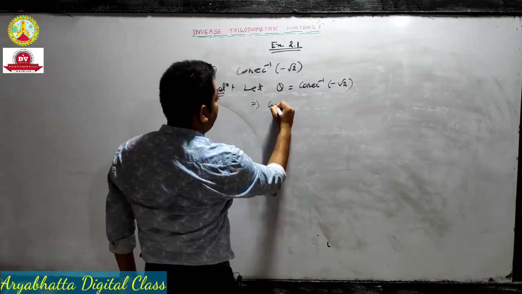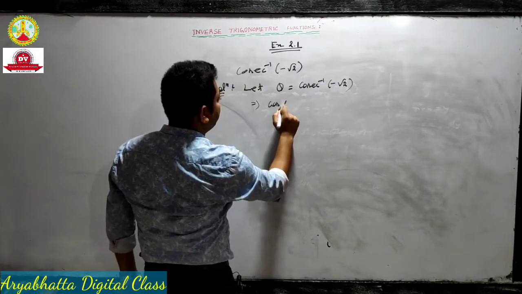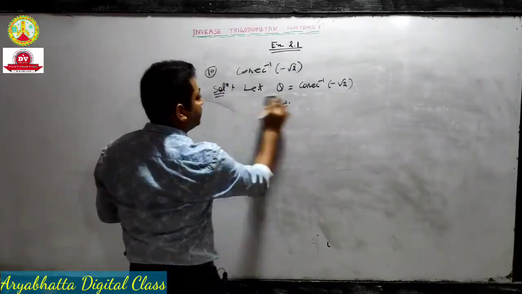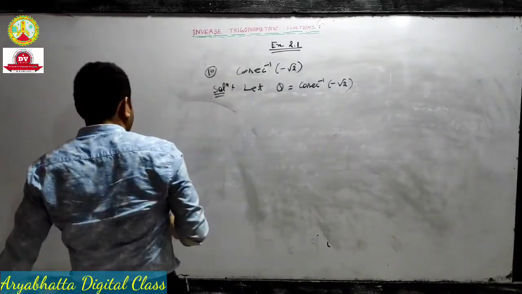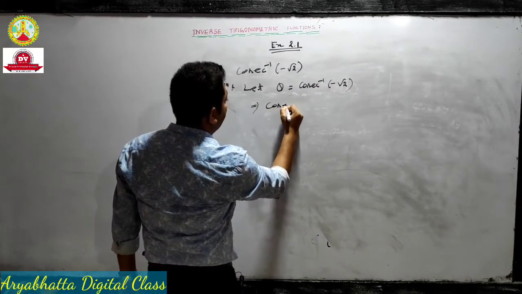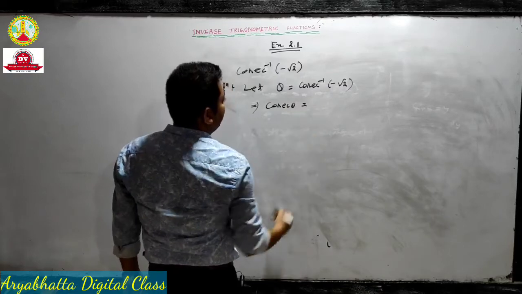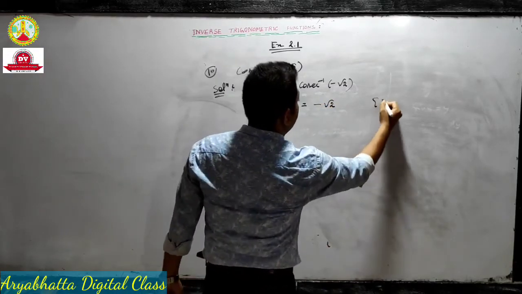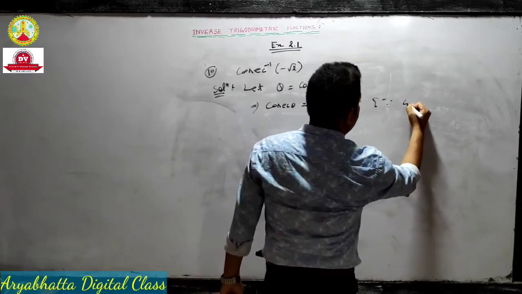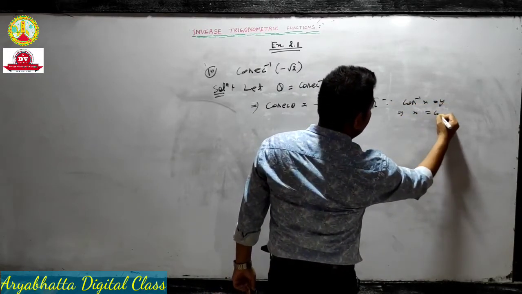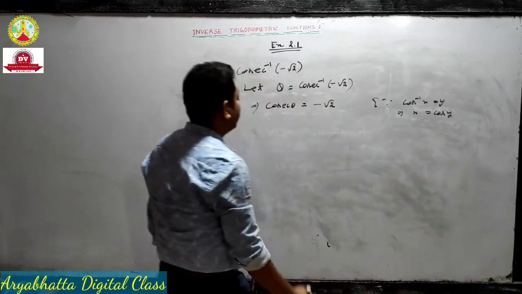Therefore, cosec theta is equal to minus root 2, since cosec inverse x equal to y, then x equal to cosec y.